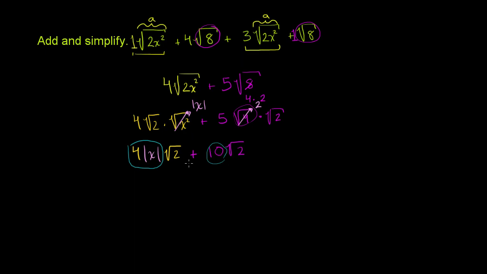Or another way to think about it is you could factor out a square root of 2. Either one of those works. And so you get 4 times the absolute value of x plus 10 times the principal square root of 2. So depending on whether you view this or this more simplified, one of those two will satisfy you.